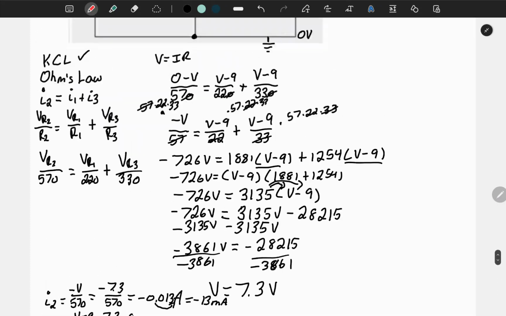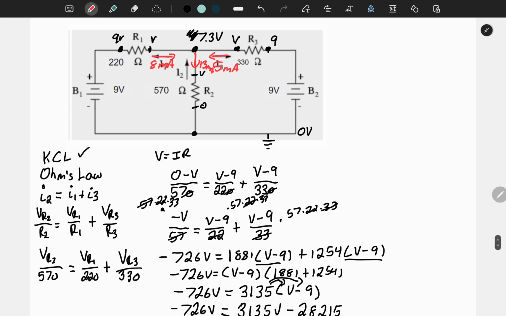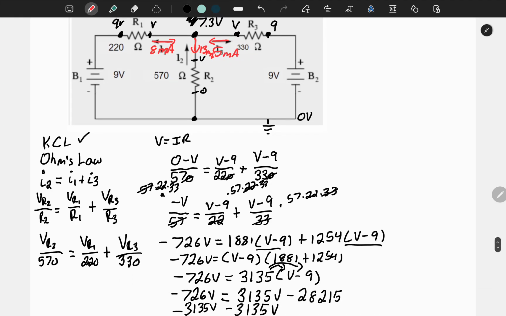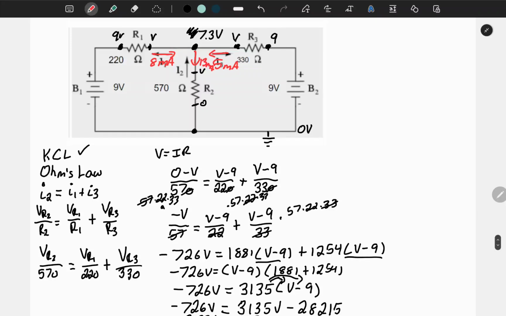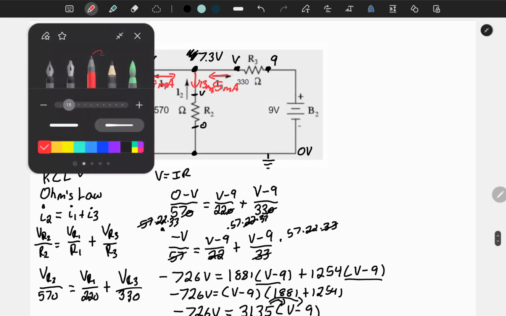No, I did that wrong. That one was 5. That's all that means. A negative answer just means that it's in the opposite direction. Like, there's honestly nothing to be worried about.